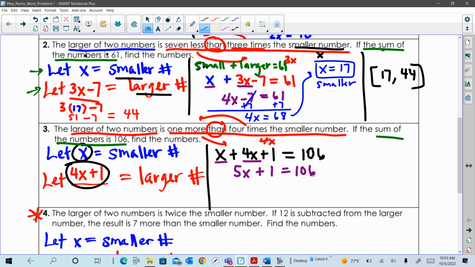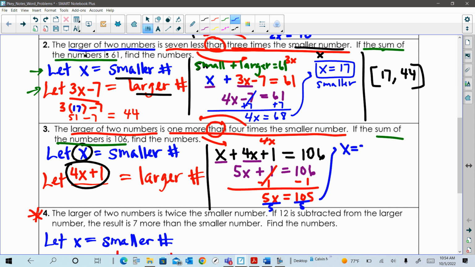What's our next step? Subtract 1. Write that down. Show the subtraction on both sides of the equal sign. We get 5x equals 105. Answer is what? 21. Okay, yeah, 21, because you have to divide by 5.